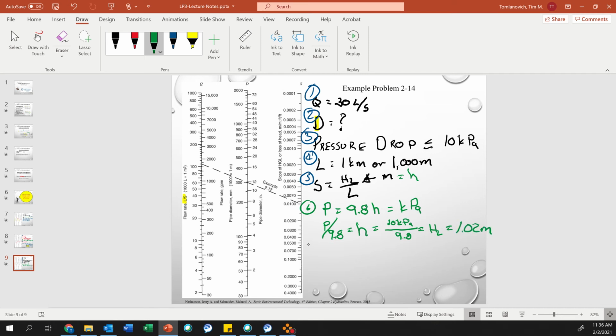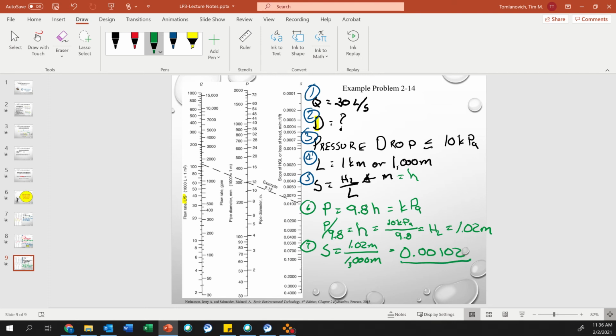Okay, so now I can calculate my slope, the S term. So 1.02 meters divided by 1,000 meters. I get a slope of 0.00102. So that's one term.